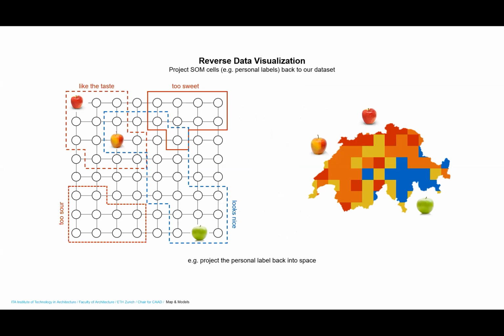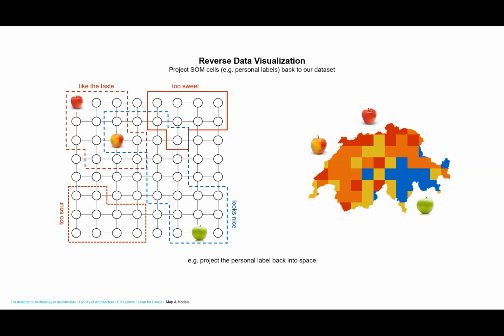We know that the SOM can be used to visualize our data. If we have a huge amount of data, we can visualize it using this grid. And if we already give some meanings to the SOM cells, then we can visualize these meanings, for example using different colors, back on our original data.